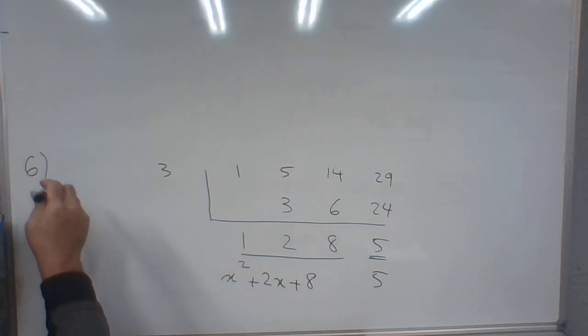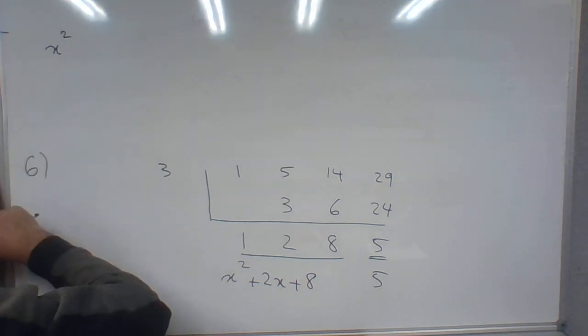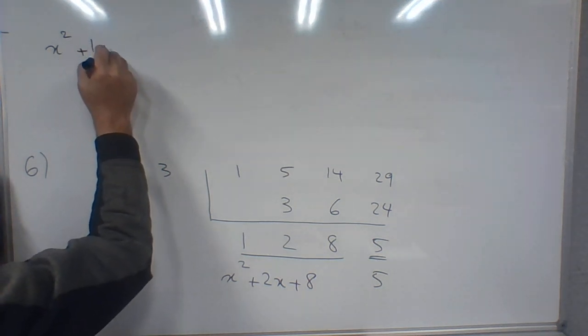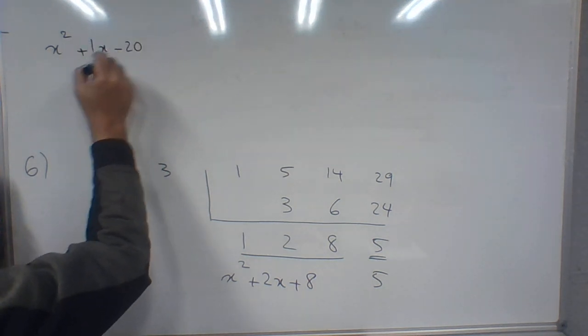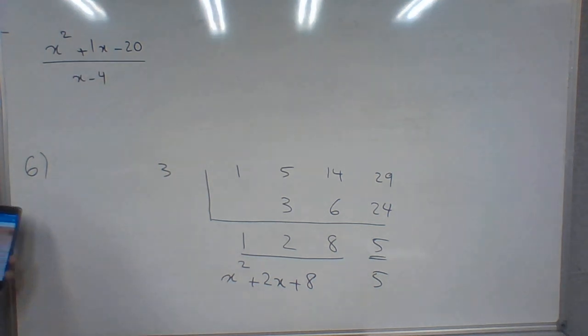Divide x² plus 1x minus 20 divided by x minus 4.